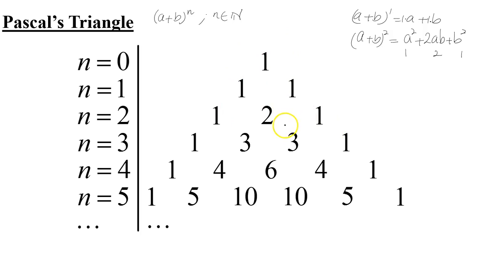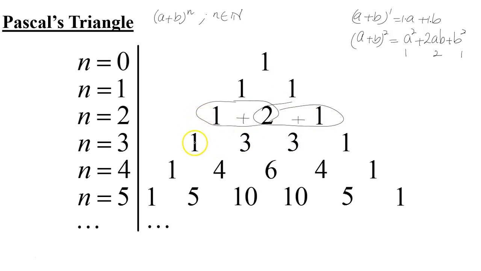Then for the terms in the middle, each term is the sum of the two terms above it. So over here, 1 plus 1 is 2. 1 plus 2 is 3, and 2 plus 1 is 3.